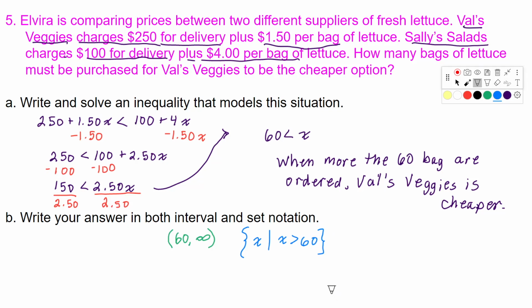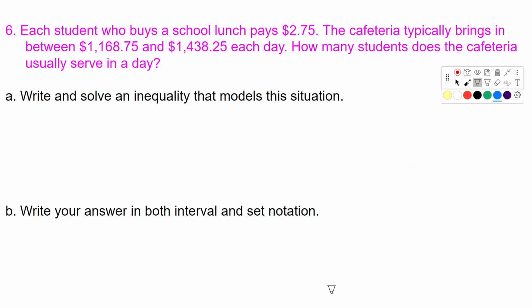And I believe I have one more example here. Each student who buys a school lunch pays $2.75. Typically, the cafeteria brings in between $1,168.75 and $1,438.25 each day. So how many students does the cafeteria usually serve?